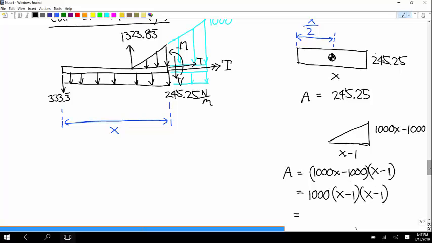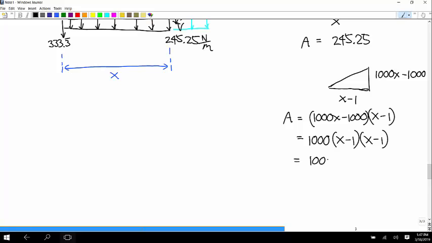And so that is 1000 times x squared minus 2x plus 1. One thousand x squared minus 2000x plus 1000.